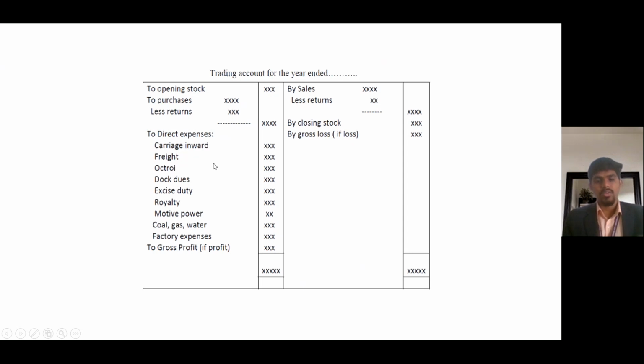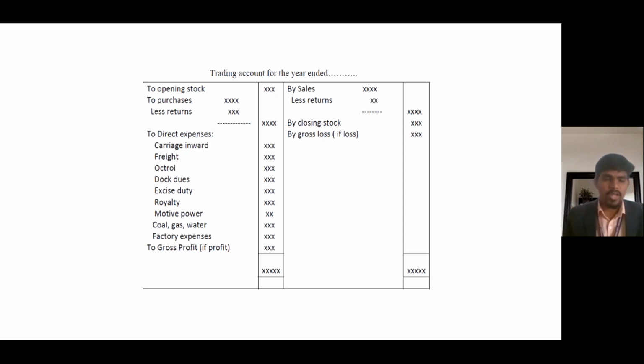In that, carriage inward means any loads coming inside. Next, freight is for transporting goods from one place to another, or storing them in one particular godown; for that, freight will be charged.